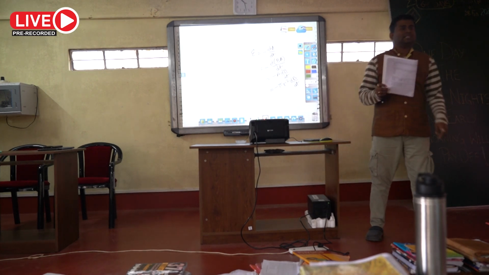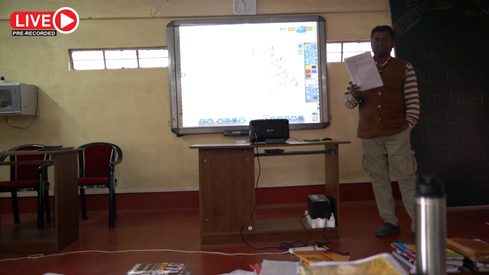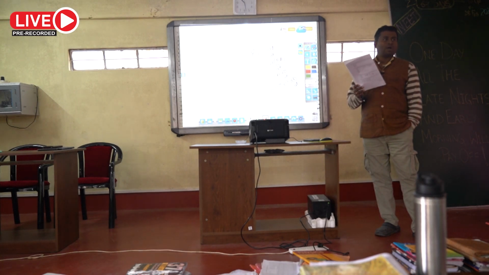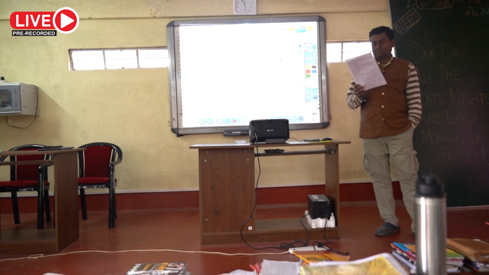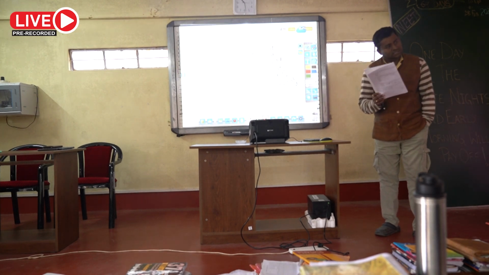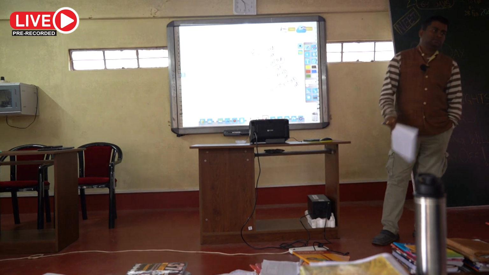This is the EMF generated in the loop 1. Because through the remaining area of the loop 1, field lines are not going. Then none of the lines are going through loop 2. So magnetic field passing through the loop 2 is 0. So the EMF induced in the loop 2 will be 0. So option 4 is correct.